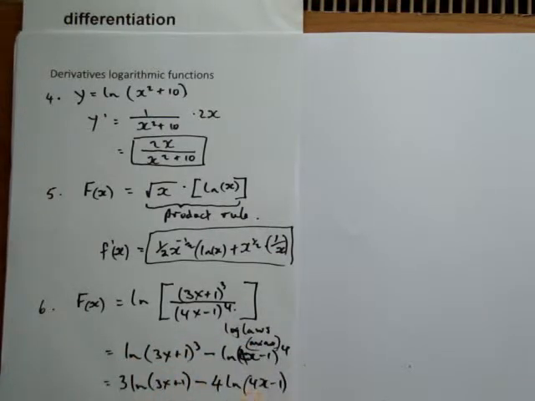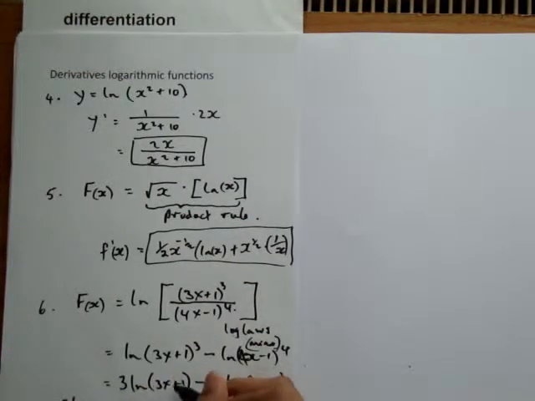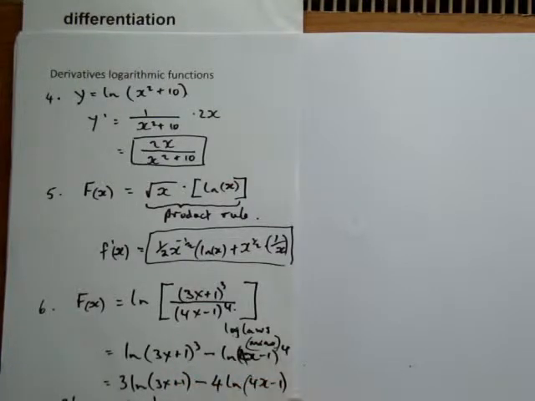Now the 3 and the 4 are constants, so when we differentiate f prime of x, we get 3. When we differentiate natural log of 3x plus 1, we get 1 over 3x plus 1, and then we differentiate what's in the brackets, we're left with 3, minus 4 is a constant, stays where it is.